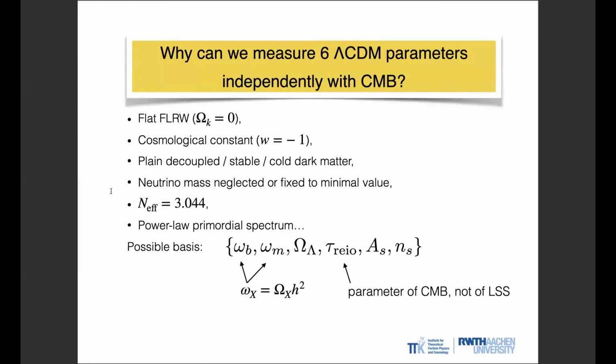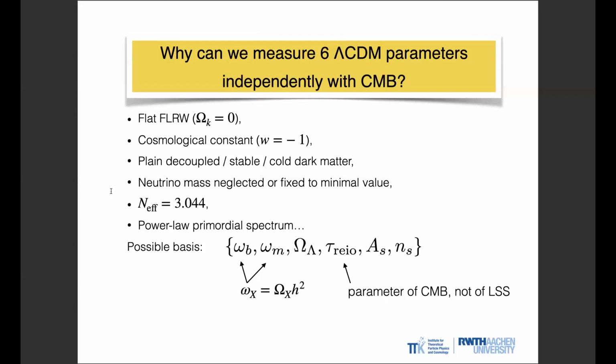So we take a flat Friedmann model with omega k equals 0, with a plain cosmological constant, with minimal cold dark matter, we neglect neutrino mass effect, we fix the amplitude of relativistic species, we take a power law primordial spectrum, and then we have to choose a basis for our lambda CDM parameters.